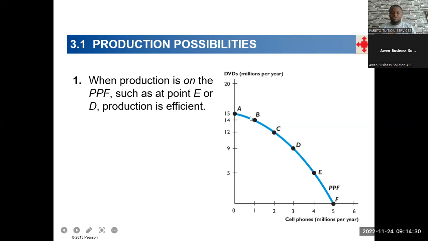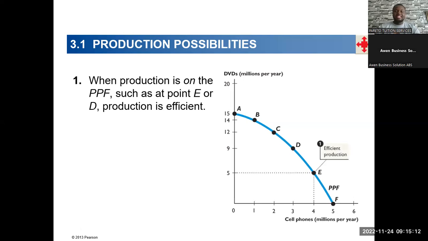If we move from B to C, we want to produce more cell phones, you see that we still have to reduce the production of DVDs. Assuming we want to move from E to F. At E, we are producing 4 units of cell phones. Now we want to produce 5. You still have to sacrifice some units of what? DVDs. So any point on the PPF is an efficient point, because it is giving a trade-off. Before you can actually produce more of one, you have to produce less of the other. Are we together? So efficient production occurs on the PPF.